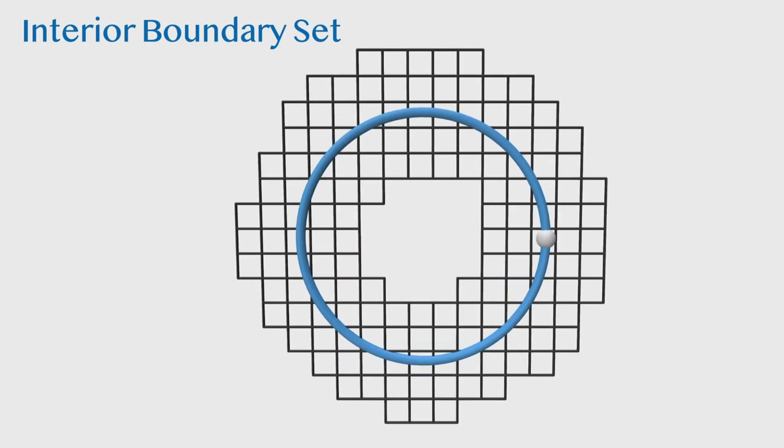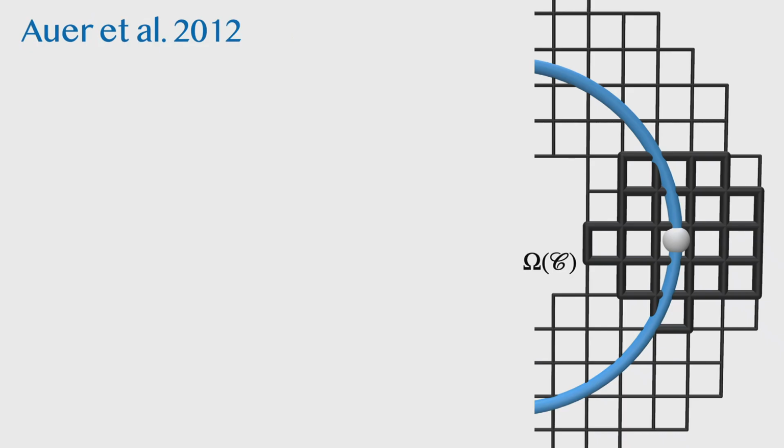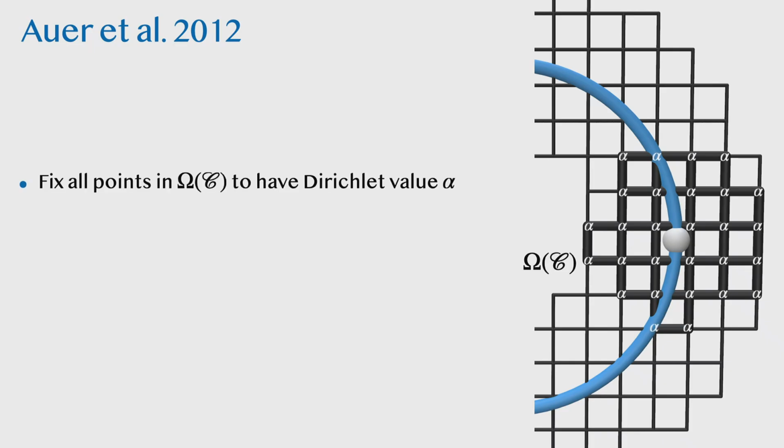So what we do is define the interior boundary set, which are grid points in this thick black region, and we denote that with omega of C, which is all the points within a tube radius of C itself, so your actual interior boundary curve. There was only one method that existed before, and what they were doing is to fix all the points in this omega C with the Dirichlet value alpha.